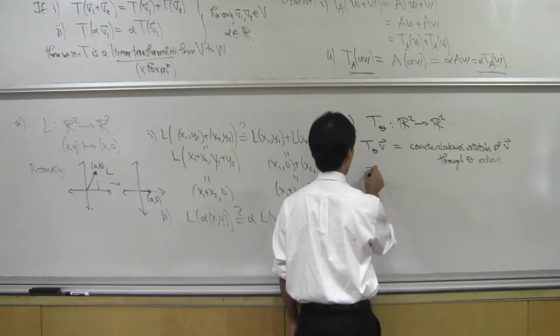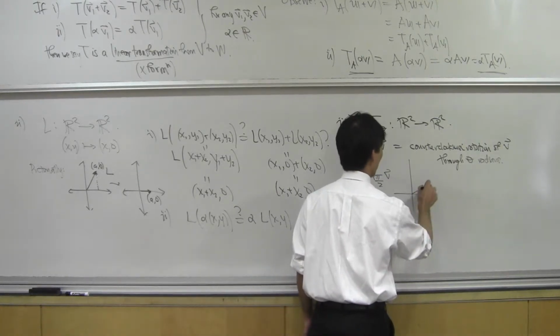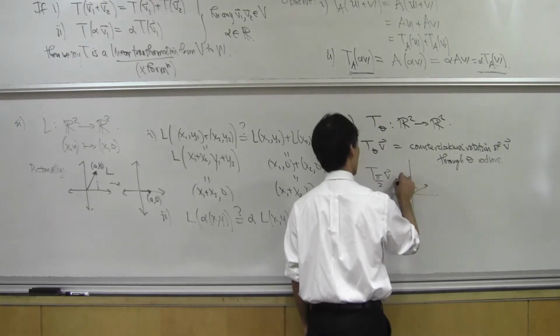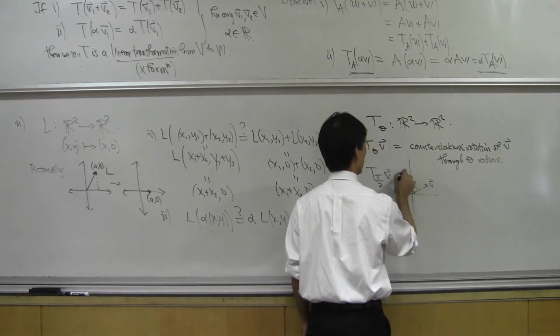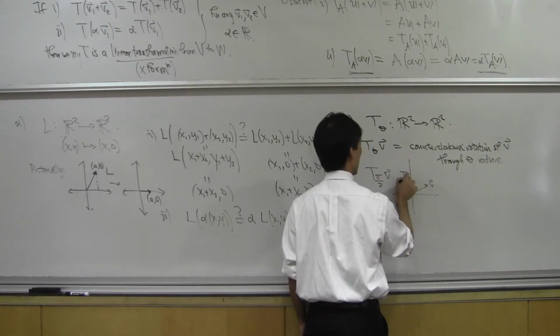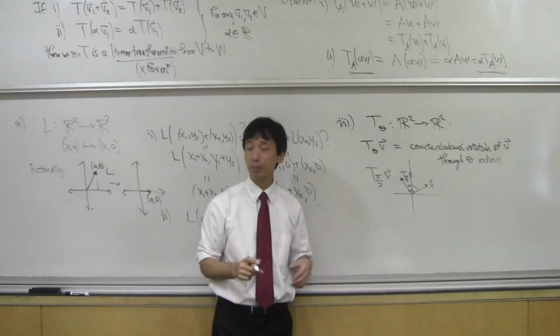If I say theta is pi over 2, then my map is going to rotate everything by pi over 2. If this is my v, then this would be T pi over 2. It just takes your vector and rotates it by pi over 2.